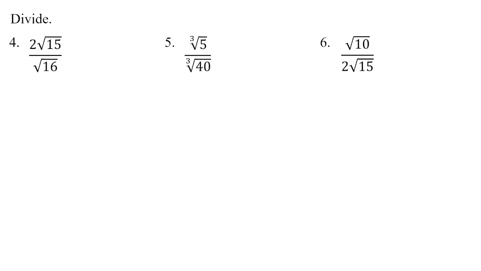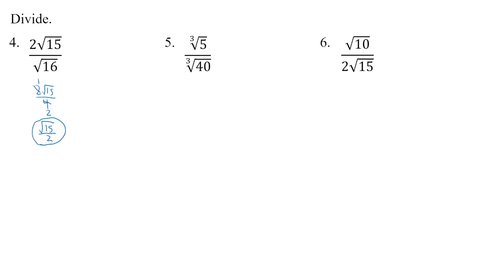All right, if you look at number 4, well, we can take the square root of 16, which is 4. And next, we look at 2 and 4. 2 goes into 2 one time, and 2 goes into 4 two times. Therefore, your final solution is the square root of 15 over 2.